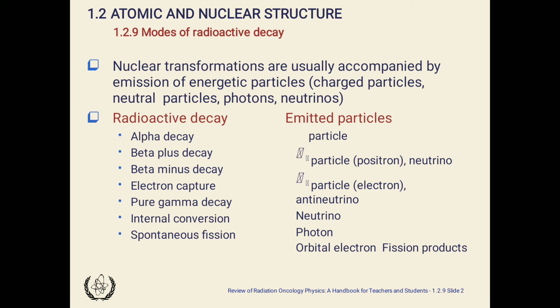In alpha decay alpha particles are emitted; in beta plus decay positrons and neutrinos are emitted; in beta minus decay electrons are emitted; in electron capture neutrinos are emitted; in pure gamma decay gamma photons are emitted; in internal conversion orbital electrons are emitted; and in spontaneous fission fission products are emitted.